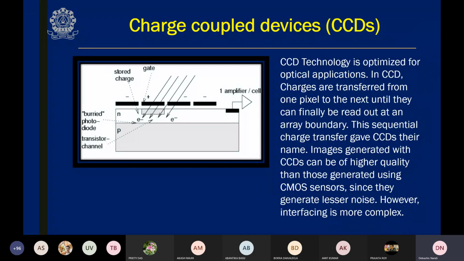And in the charge coupled device, what is done is that the charges are transferred from one pixel to the next pixel until they can finally be read out at an array boundary.